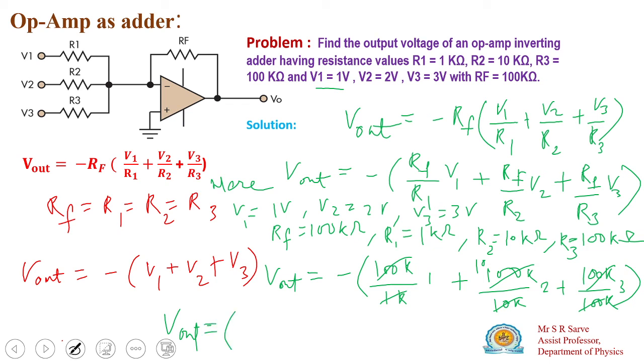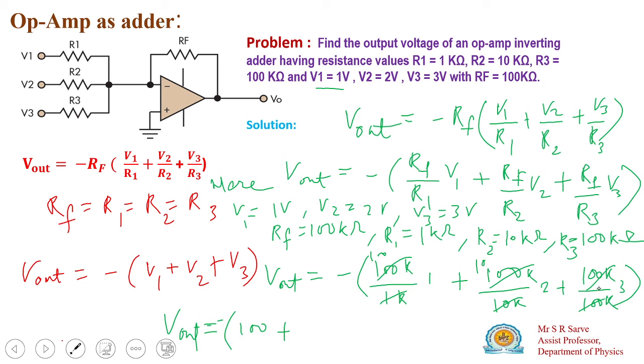So output is equal to minus. This will be 100 into 1, which is 100, plus here 100 divided by 10 kilo ohm gives 10, so 2 into 10 will be 20.